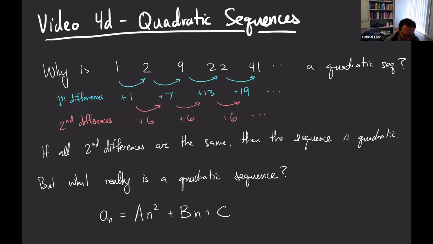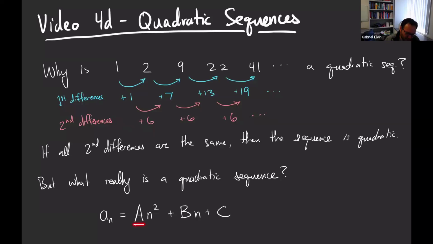Okay, one thing that is very useful in terms of sequences is trying to find the closed form. For arithmetic sequences, it's fairly straightforward once you know the common difference. Here, just knowing the second difference isn't really enough to give you a formula.